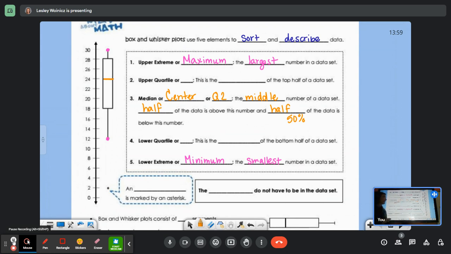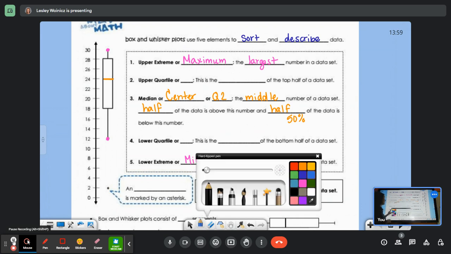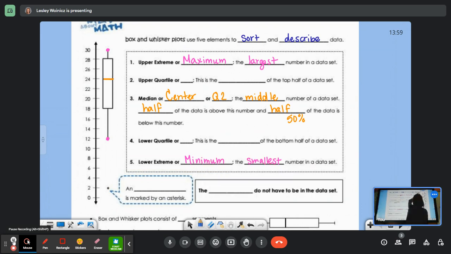So what we're adding today are the upper and lower quartiles. The upper quartile is between the max and the center. Its other name is Q3. You guys know the median, how it splits our data in half? 50% above, 50% below.